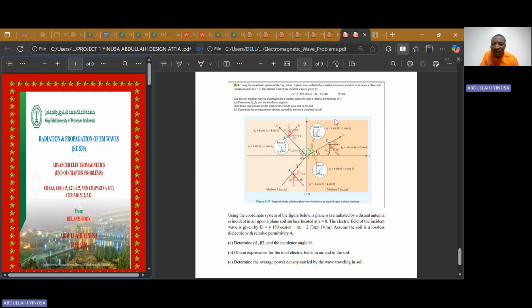And what is eta naught? That's 120 pi, which is 377, divided by square root of epsilon r. So we can get our epsilon r from beta. From our beta given here, we can get our epsilon r. So you should be very careful while calculating the magnetic field.